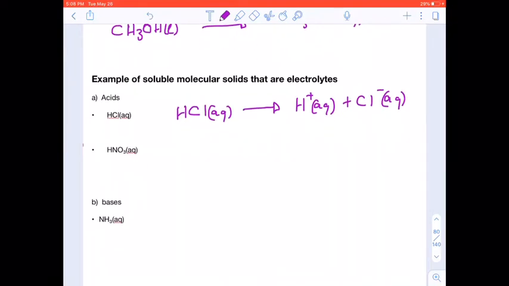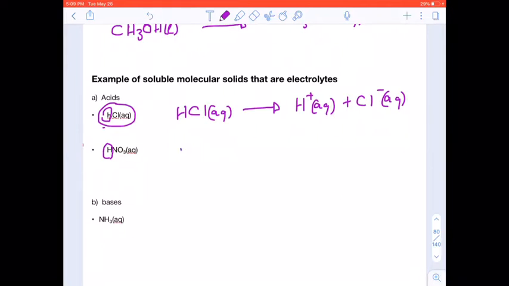When you look at this here, firstly, how do you recognize an acid? I have spoken about that in previous videos. With HCl, when you see an H, it gives you an indication that you are dealing with an acid. HNO3, these are all molecular substances.